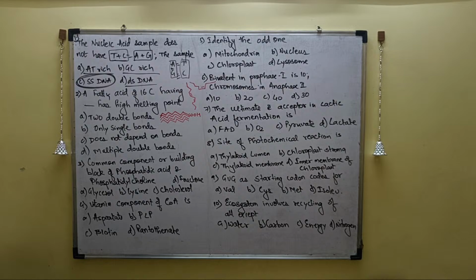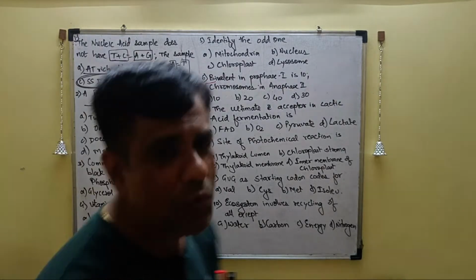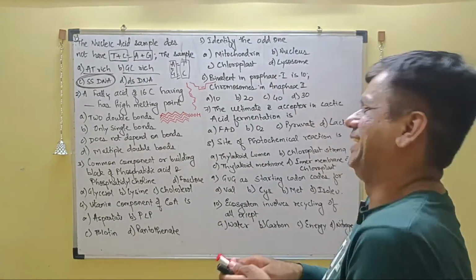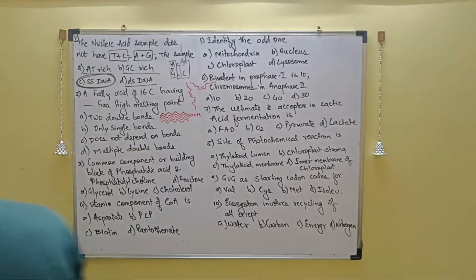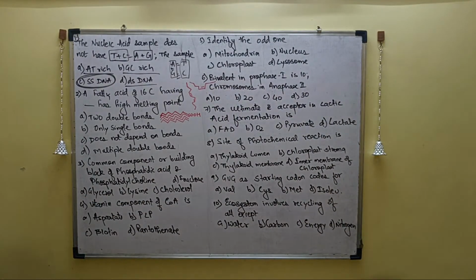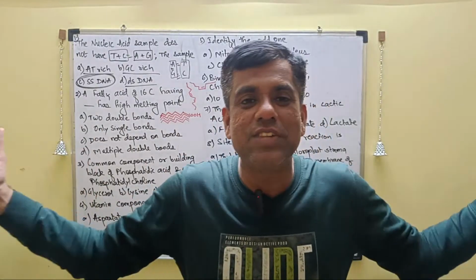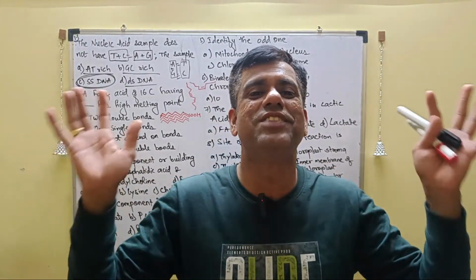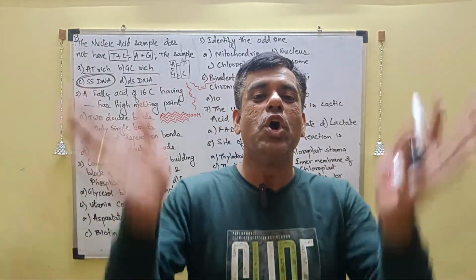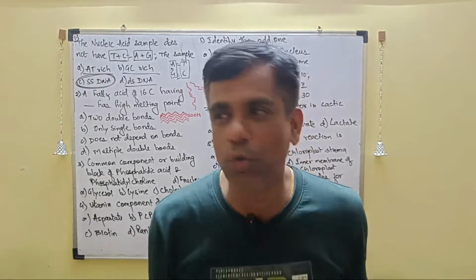Now Priyanka says A, no. Two double bonds, no. Please tell the right answer. Anyone else there? Fatty acid, which one will have, I'll tell you again, if they are very close to each other, if they have only single bonds, only then they have a high melting point.